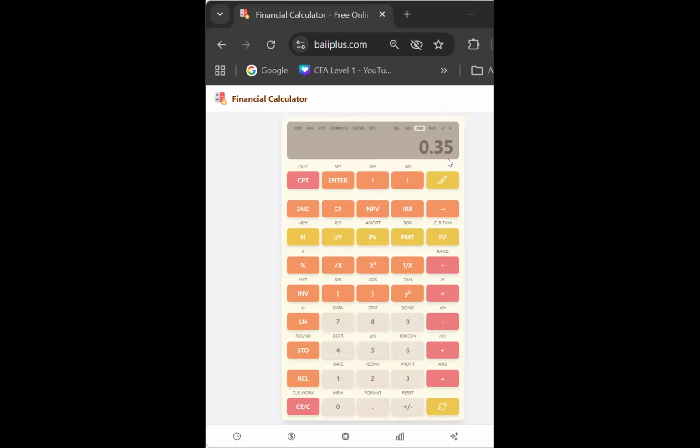Now 0.35. I want this value in the denominator, and I want 4 in the numerator. What I'm going to do is inverse this value. I'm going to click on 1 divided by x. This is going to inverse it and put this value in the numerator. I'm going to multiply it with 4. This is going to give me a value of 12.83.